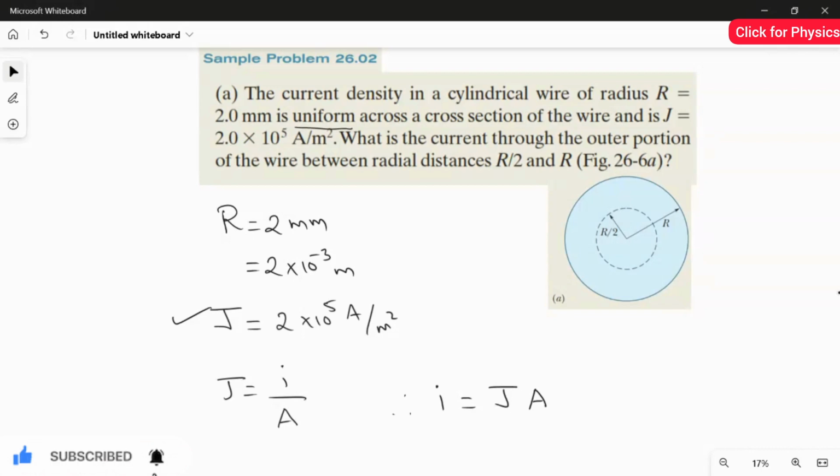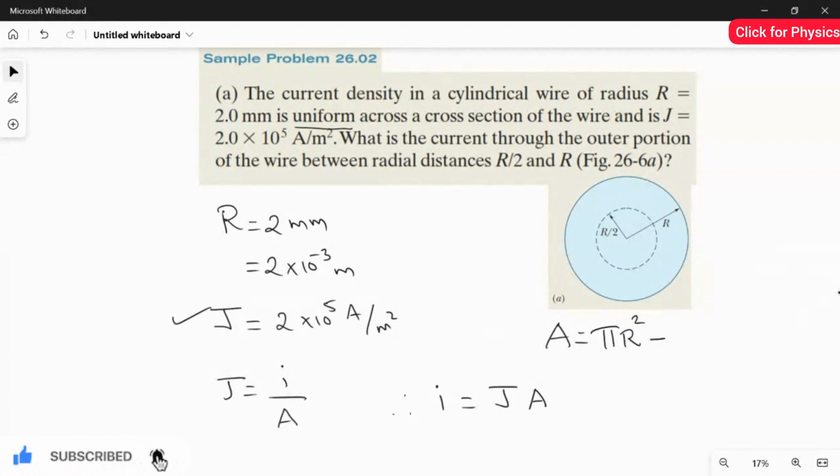So first of all, let's find the area for the outer as well as inner. So I am going to find the final answer for the area. So therefore, the area is equal to the outer area minus inner area, right? And we know the formula for the area of the circle, pi r square. So this is the formula for outer radius. And for the inner radius, minus, because we are just finding the area, the current between these two radial distances.